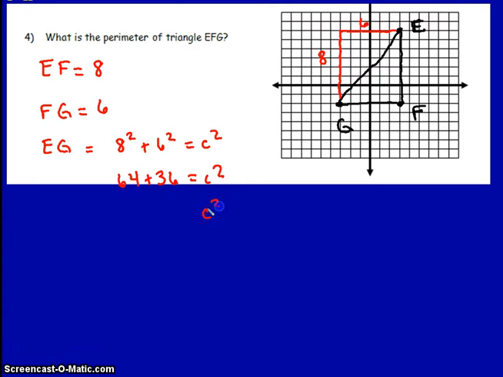C squared equals 100, which makes c equal 10. So in other words, the distance from E to G is 10 units. And so when I find the perimeter, I add all three sides, 8 plus 6 plus 10, and I get a perimeter of 24 units.